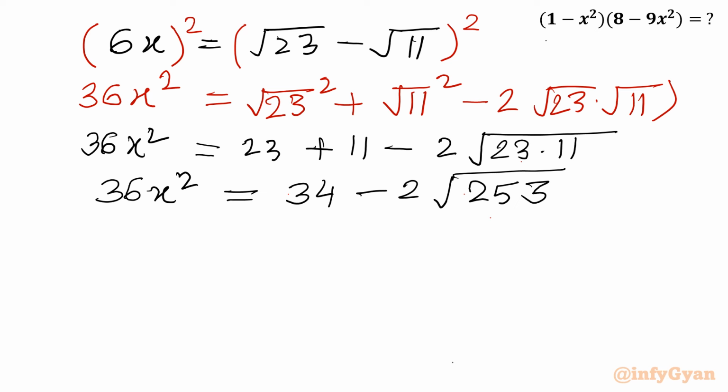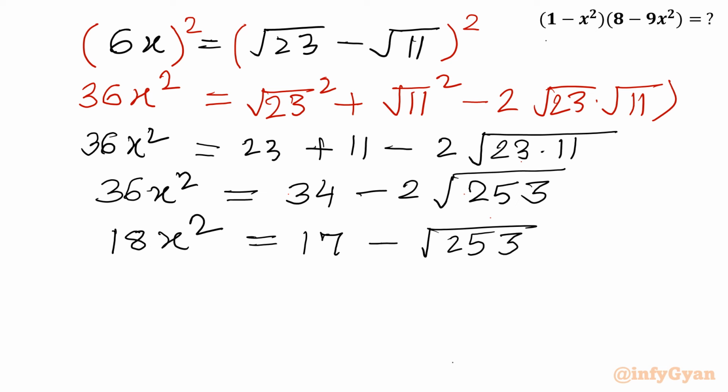The equation is divisible by 2. So let's divide by 2. So 18x square equals 17 minus square root 253. Now I will write square root 253 to the left. Then it will become 17 minus 18x square, which will be equal to square root 253.